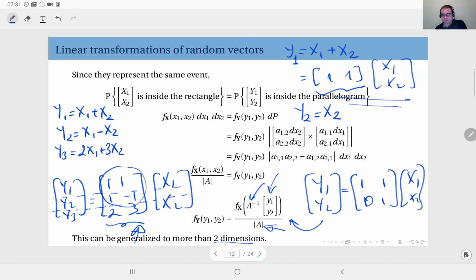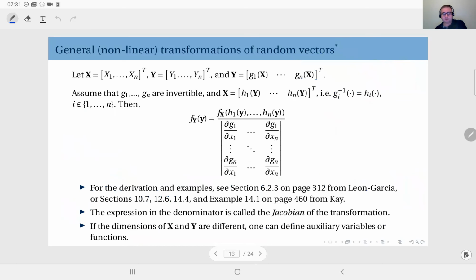And at this point, I will also give you the expression for general transformations, which I will not really derive. For the derivation, you can actually look at the textbooks, which is not that difficult, but you'll have to use some results from multivariable calculus, and I'm not going to go into that.